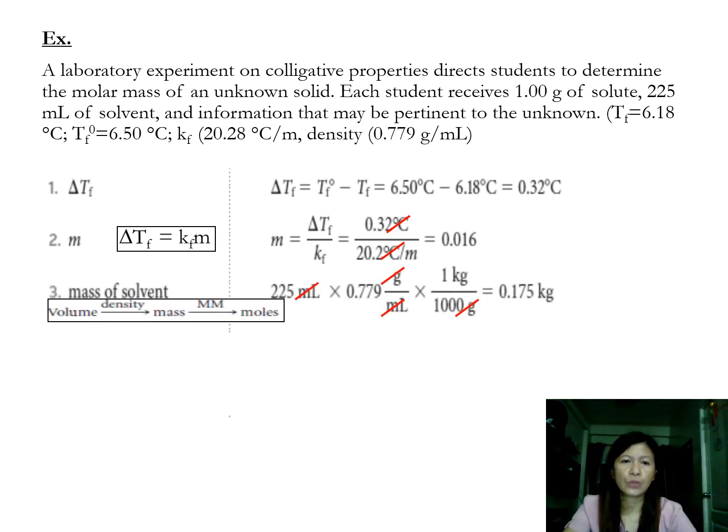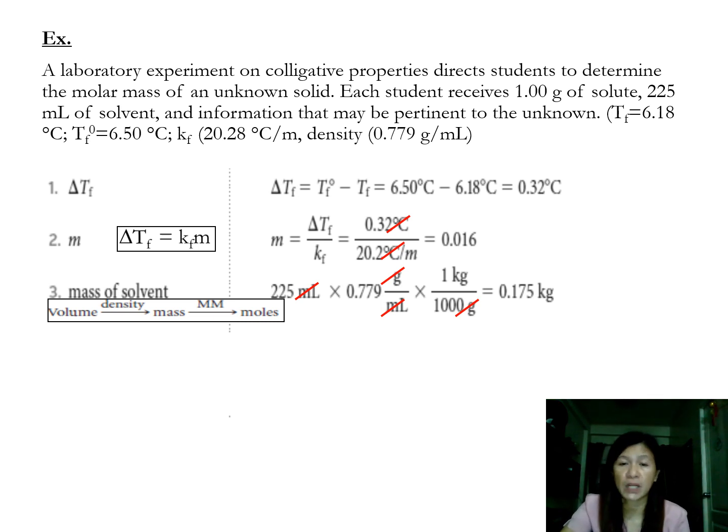Number 3 is to compute for mass of solvent. Mass of solvent may be determined using the steps volume to mass to moles. The given volume of the solvent rather, because you are looking for the mass of solvent, is 225 milliliter. Multiply that by, because you derive the formula from the formula of density, density equals mass over volume, you derive mass as volume times density.